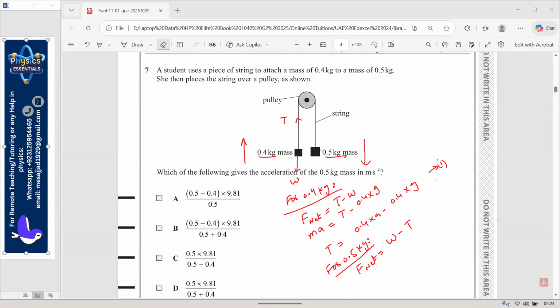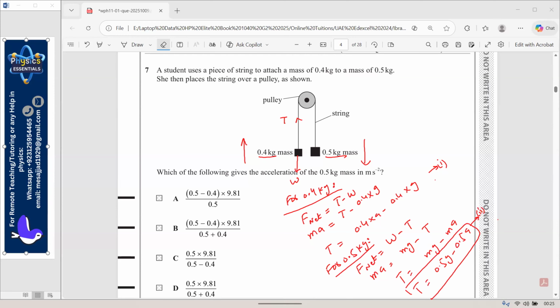Therefore we write ma equals mg minus T, and from here T is mg minus ma, so T equals 0.5g minus 0.5a. This is my equation number two.